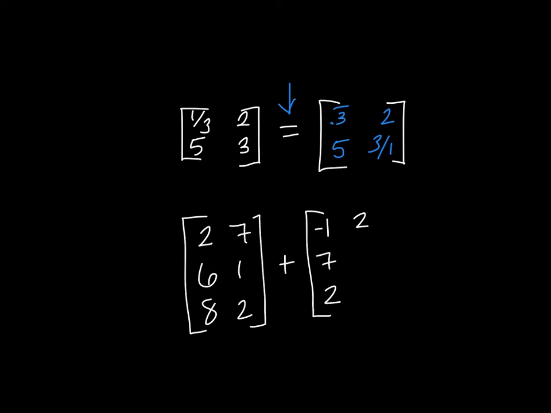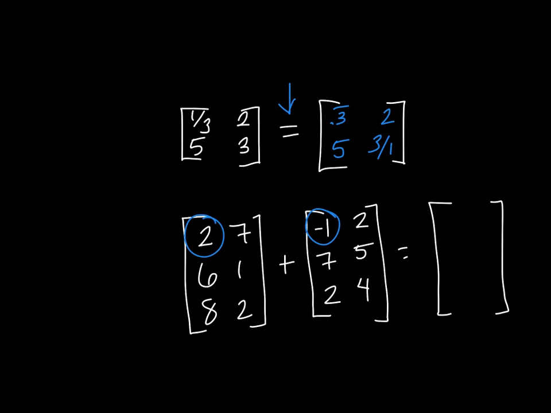You just subtract the corresponding entries. And so as I do this, I'm going to go ahead and start in the top left. So I'm going to go this one plus this one, right? So 2 plus -1, that's 1. And then I'll go this one plus this one, so 7 plus 2, that's 9.